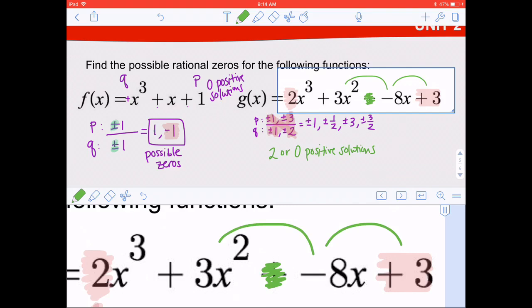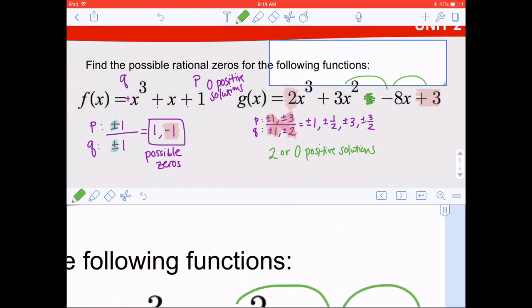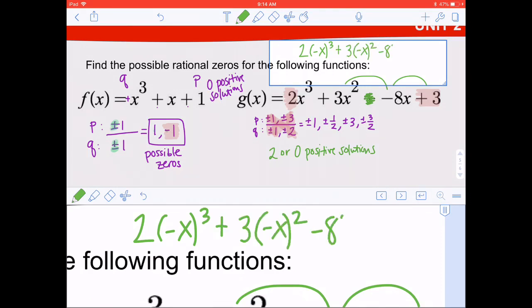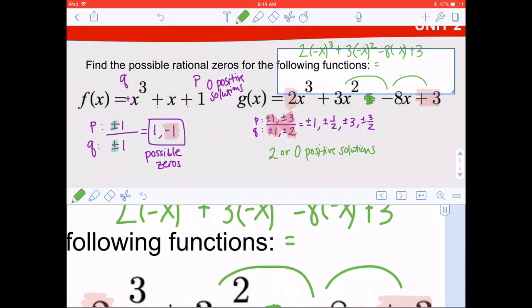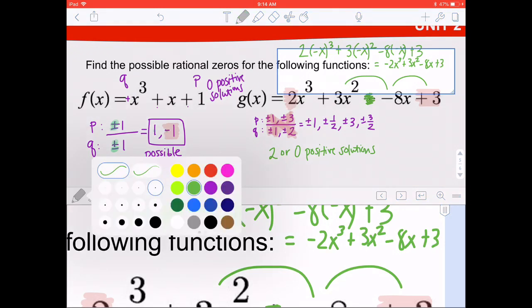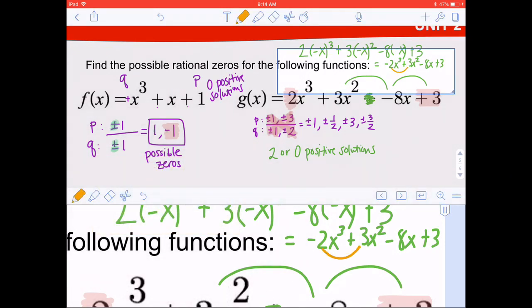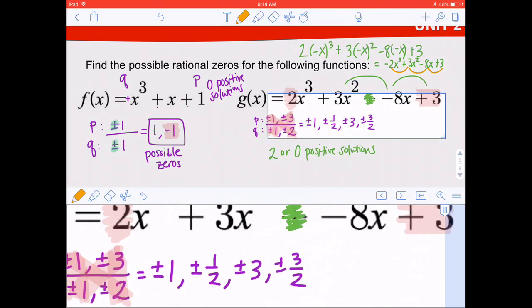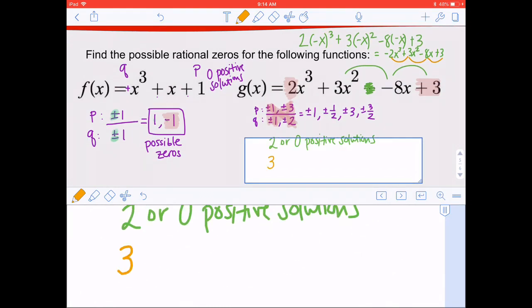If I do the negative of this, so I plug in a negative x, just like that. That's going to simplify to negative 2x cubed plus 3x squared minus 8x plus 3, which gives me a total of 1, 2, 3 sign changes. So I could have 3 possible negative solutions.